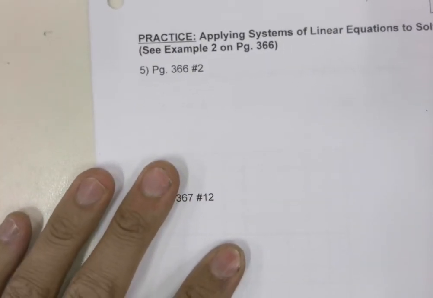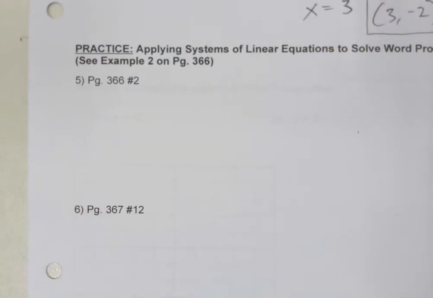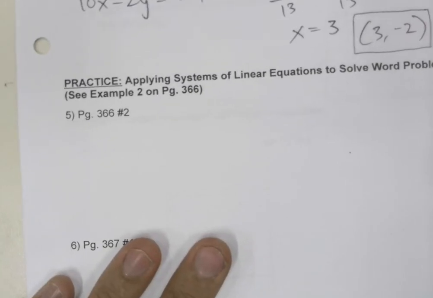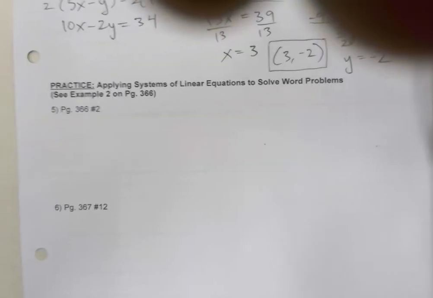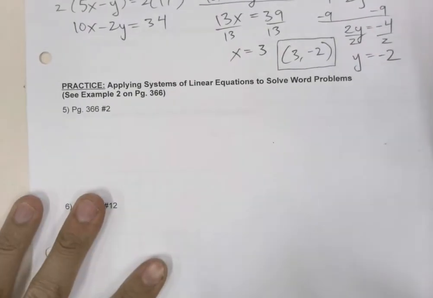And so when we're answering this problem, the first thing we need to do is the same as with any word problem. We need to define our variables. Right? So we're going to define x and define y.